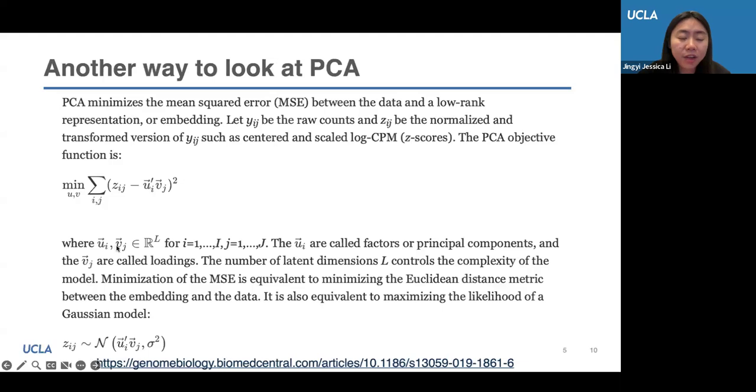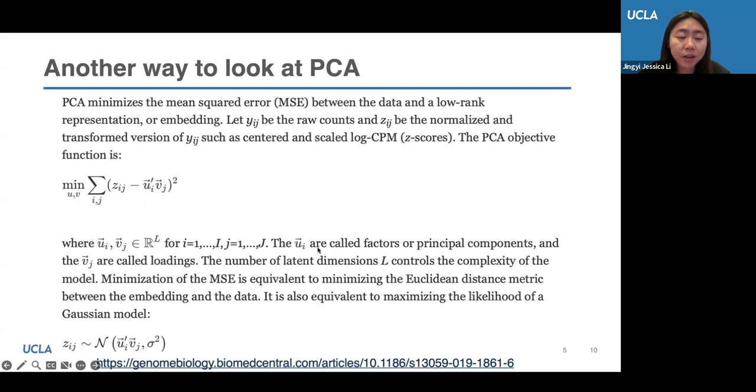So u_i and v_j are both L dimensional. And you can just take this inner product of u_i and v_j to get a scalar. This scalar is what I represent using only L dimensions instead of the original space, the Z_ij hat, right? So I'm trying to use this low dimension to approximate the original data.